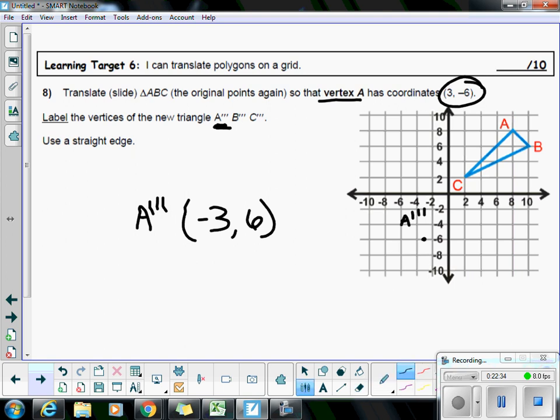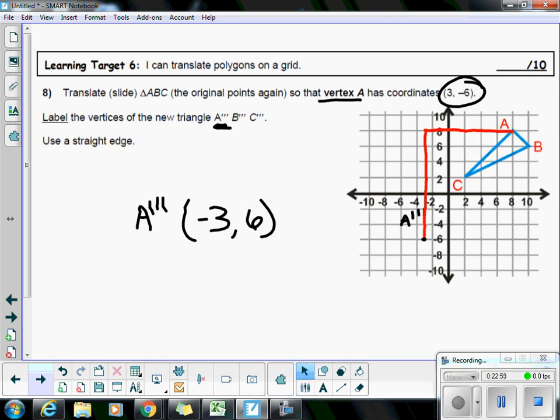So now I need to figure out how I moved to finish moving the rest of my points. So to go from A, I went left 1, 2, 3, 4, 5, and half a box. So 5.5 boxes, and then down 1, 2, 3, 4, 5, 6, 7 boxes.